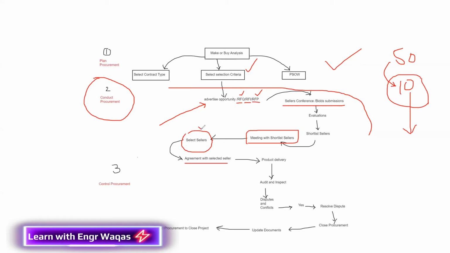Like why I wrote here sellers, maybe you have three items, so you are going to have three different kinds of sellers. So for each item you are going to shortlist sellers, set your agreement, and then make your product delivery arrangement or deal with them, that when I'm going to get that, because I have construction site strategy preferences.